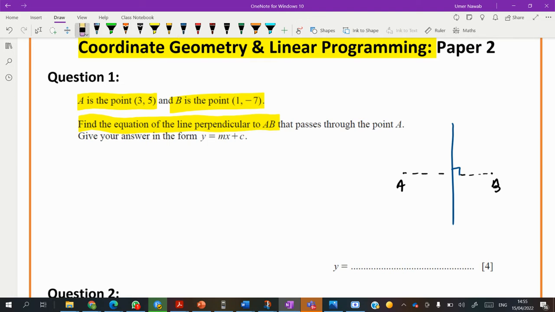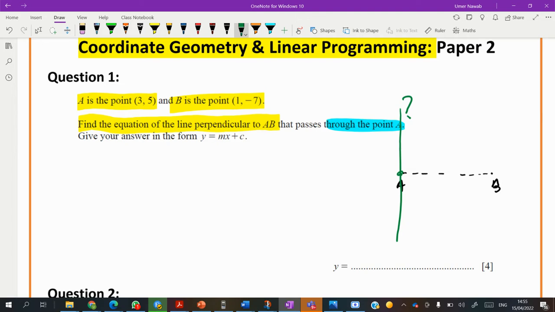But as per the question, this perpendicular is not drawn just anywhere. It is drawn such that it passes through point A. So I'm going to draw a perpendicular passing through point A. So we need to find the equation of this line.